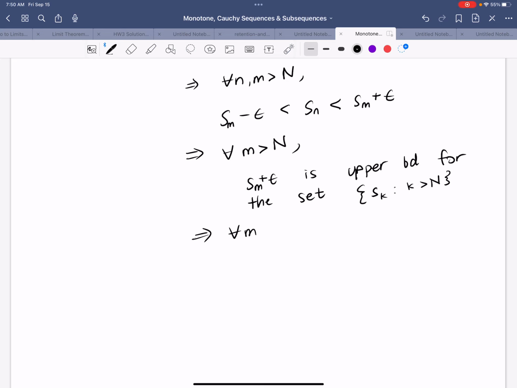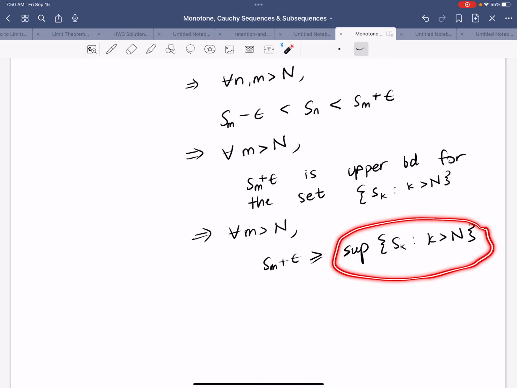So for all m, Sm plus epsilon is greater than or equal to the sup of the set of Sk such that k is bigger than n. Okay? Well, now, that means this sup is a lower bound for the set of Sm plus epsilon, right?